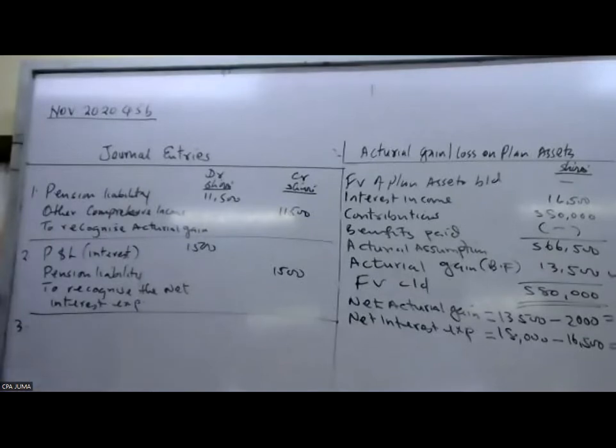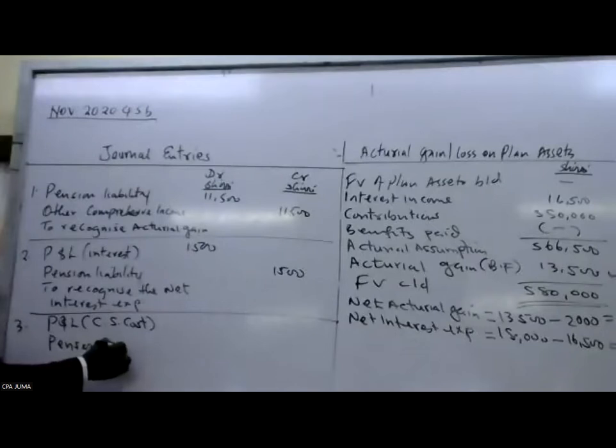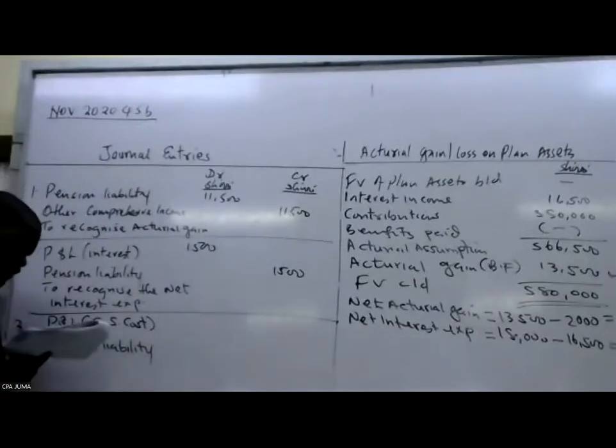Number 3, let's bring current service cost. Current service cost will increase your liability. So debit P&L with current service cost, then you credit pension liability. Pension liability ilikuwa ngapi? 600.